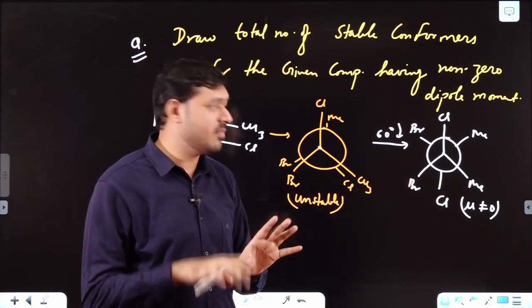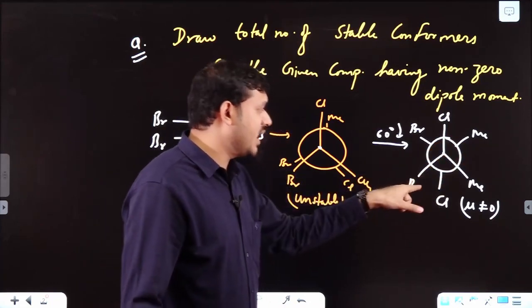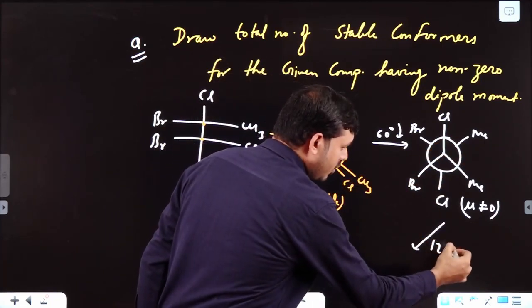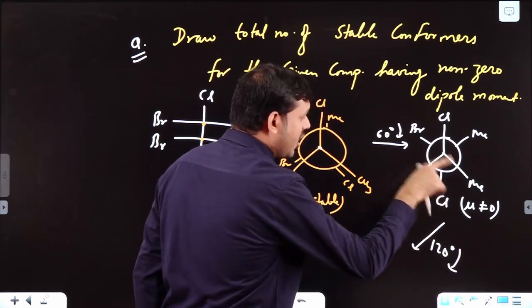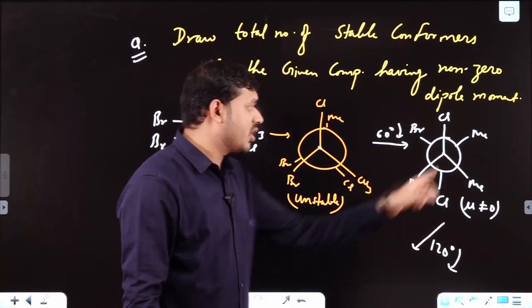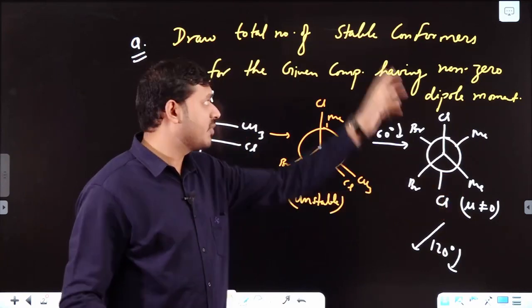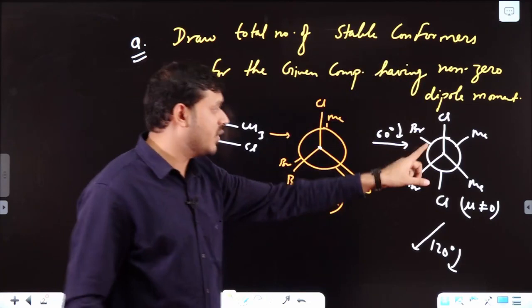But another case can be, if I rotate it 120 degree, what will happen? 120 degree clockwise from back side. Because on rotating 60 degree, I will get eclipsed form, that is unstable. And I have to draw the stable conformers. So 120 degree backside.